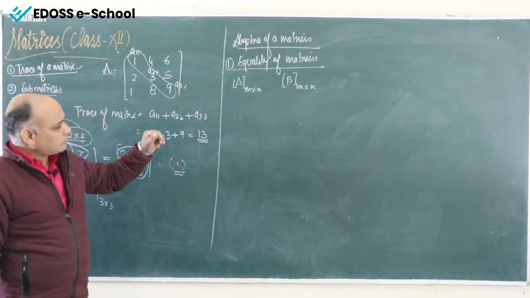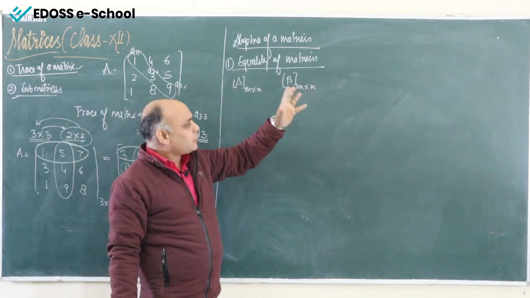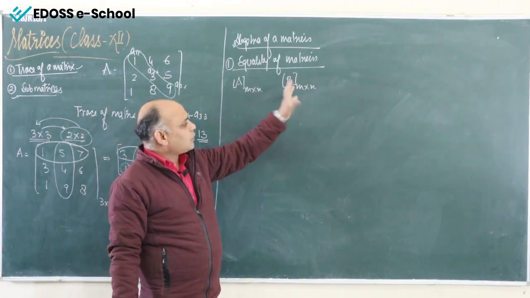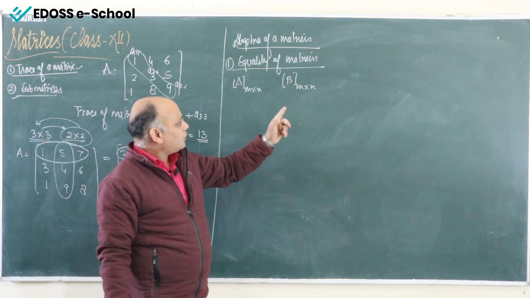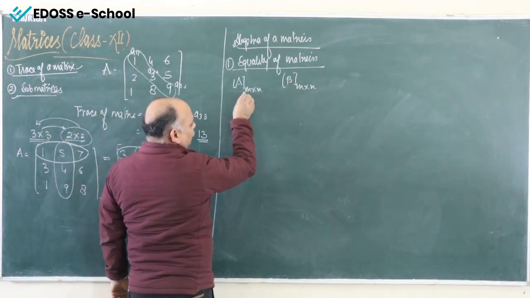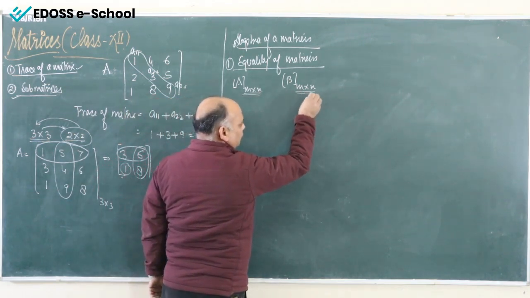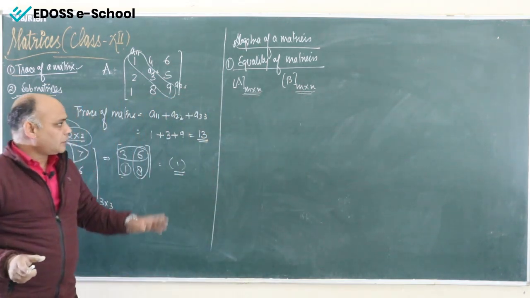Now the concept says equality of matrices. Equality means whose rows and columns are equal. The first thing that you have to see is that the order of the first matrix and the order of the second matrix should be equal.